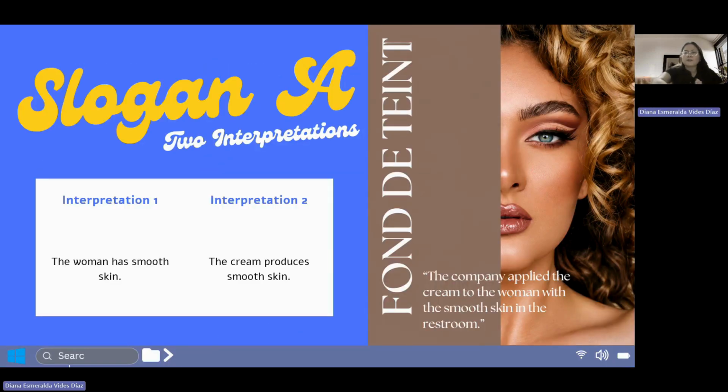So we have 2 interpretations. Although the surface structure is the same, the slogan contains 2 possible underlying interpretations or deep structures. And this is why the slogan is ineffective in advertising. The audience might misunderstand the intended meaning.